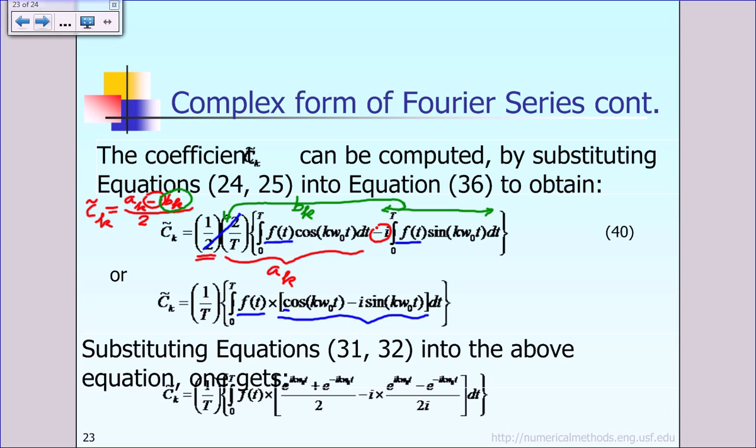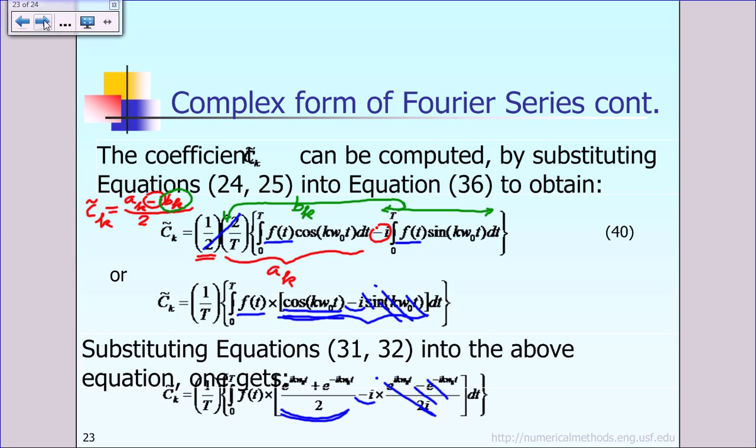We can express the cos term in terms of the exponential form. And similarly, the sine term of an angle, we can express in terms of the exponential form like we have earlier right here, based on the Euler formula. And you still have minus i remaining in here. So the formula for ck tilde is given by this.